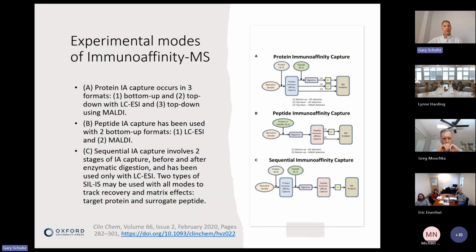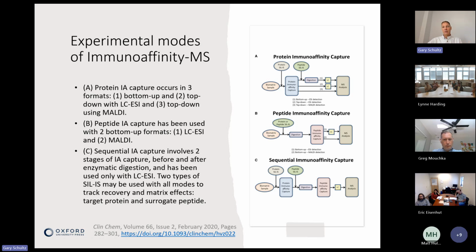On the larger molecule side, immunoaffinity is typically used in 3 different modes in combination with mass spectrometry. We can capture target proteins at the protein level by using an affinity antibody. And we can either do that in solution at the bench, or in combination with a column-based affinity system.